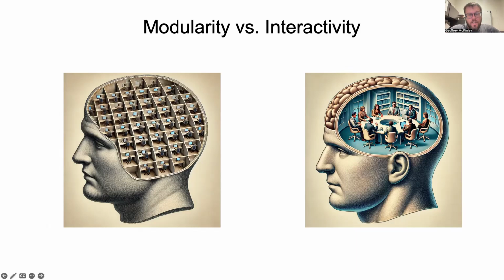In contrast, interactivity is a bit easier to understand, I think. It's the opposite of modularity. And the idea over here is that, even though there might be some specialization, each one of these people might be specialized to some extent, the point is that they're all helping each other out and sharing information. No one's really responsible for one thing, but they're all collaboratively interacting with each other in order to produce some sort of product or output.